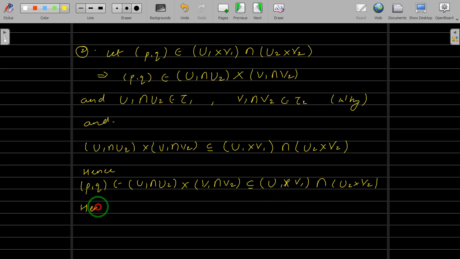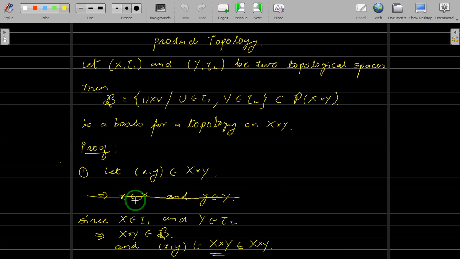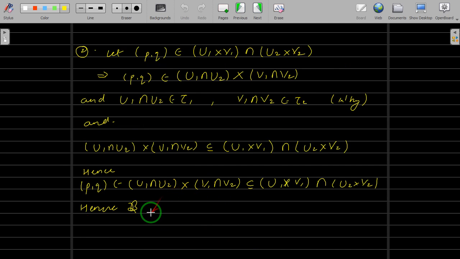Hence, this script B is a basis for a topology. Okay, and this basis will generate a topology.